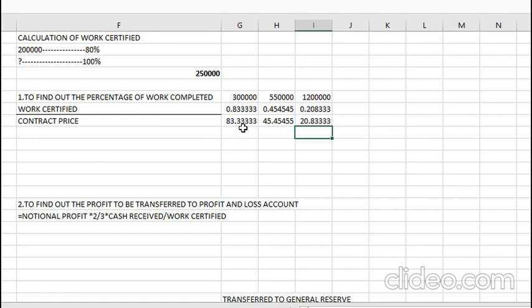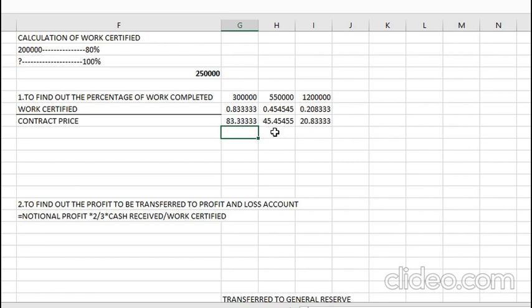When the percentage of work completed is 50% to 90%, the formula is notional profit into 2 by 3 into cash received divided by work certified. If it is more than 25% but less than 50%, the formula is notional profit into 1 by 3 into cash received divided by work certified.